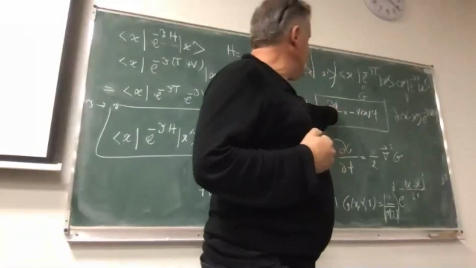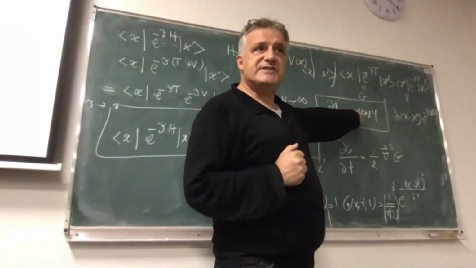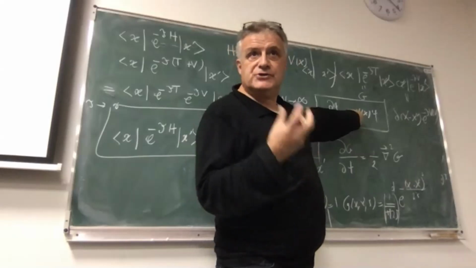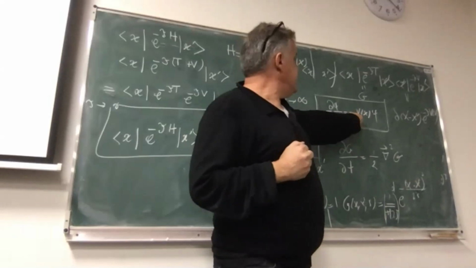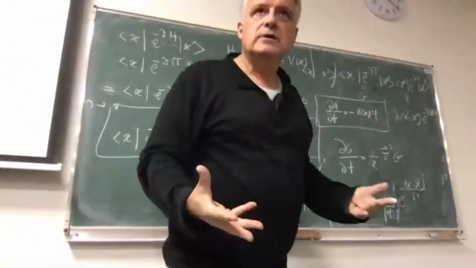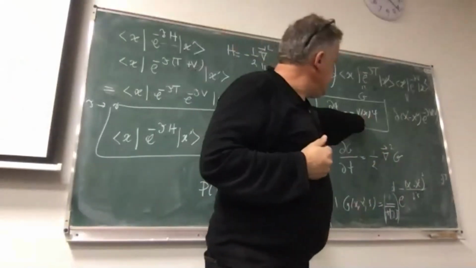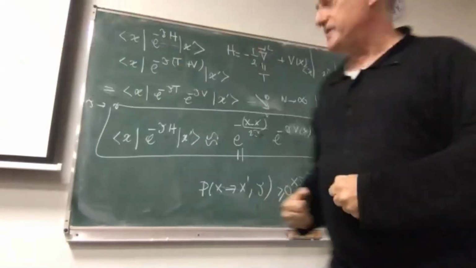The density of particles at x increases or decreases according to the sign of V. So it's what we call a branching process. If V is negative, the density will grow in time. If V is positive, the density will shrink in time.